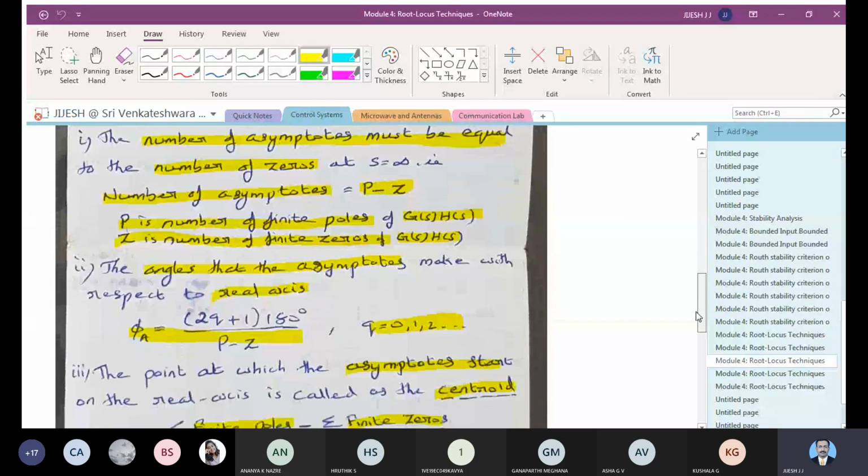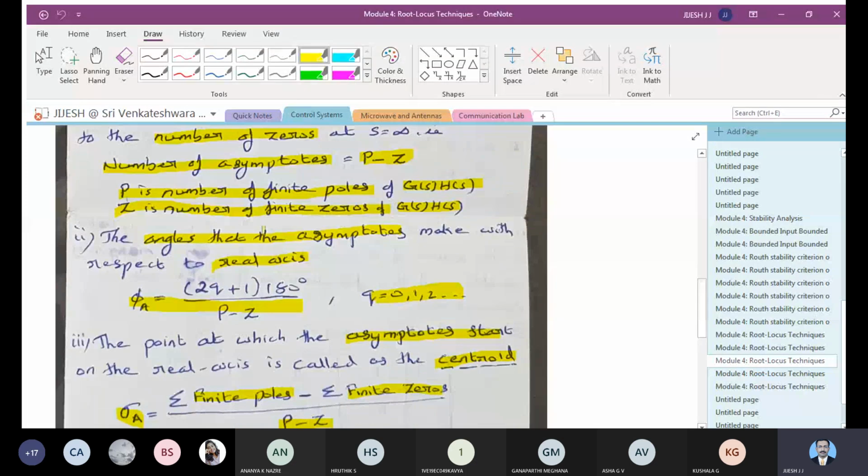Then after that, we have also seen the angle that the asymptote makes, which can be found using the equation phi A is equal to (2q plus 1) into 180 divided by P minus Z. So this q value will be 0, 1, 2, 3, etc. If you got P minus Z as 1, then it is enough to find q is equal to 0.